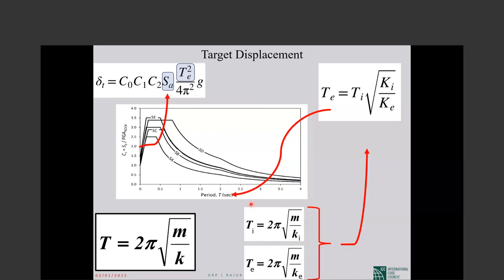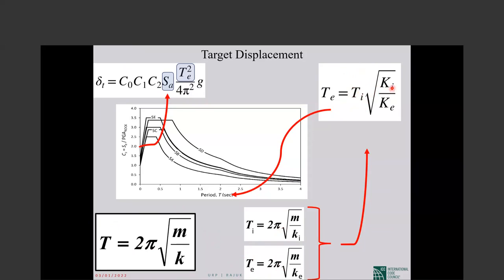So if the initial period of the building is this, and just the stiffness of the building changes, now I give you our estimation of the new equivalent stiffness, and you give me your estimation of the equivalent period. If we divide these two, we have this for each building. The initial period is there.